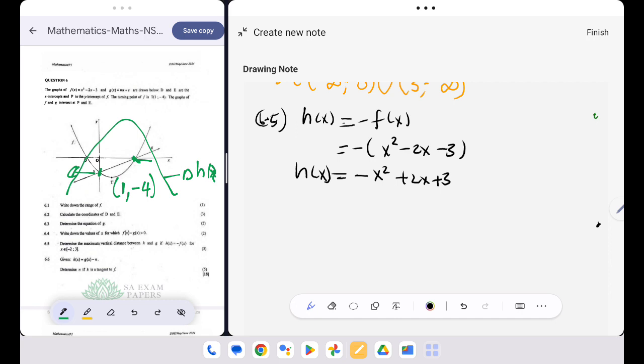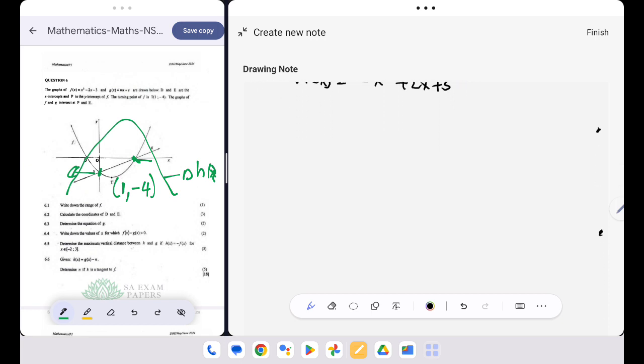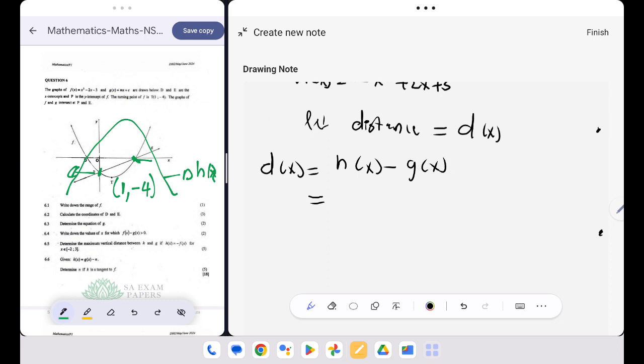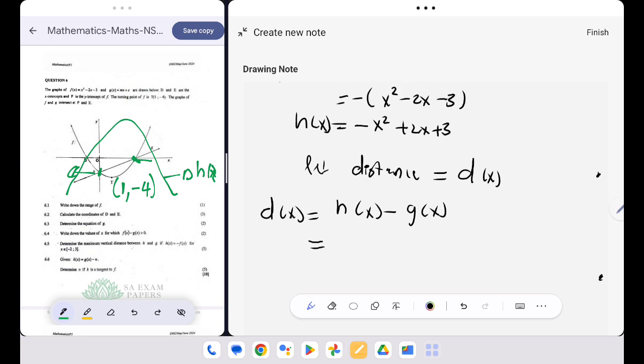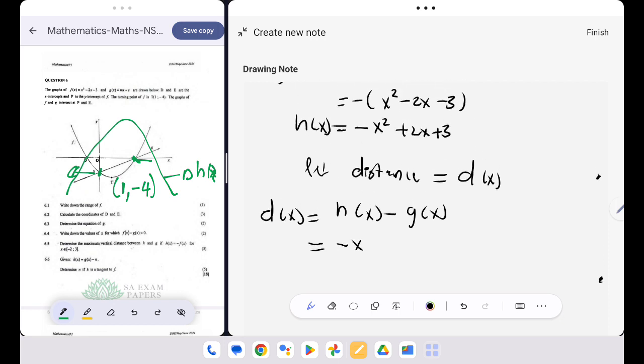So for me to find the maximum distance, I need to subtract the two graphs. And my distance, let distance be equal to d of x. So I'll just say my d of x is the top graph, h of x, minus the bottom graph. H of x, we just found it to be negative x squared plus 2x and 3, right?